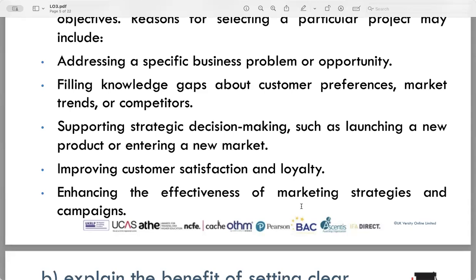Research can provide insights into the most effective channels, messages, and tactics for reaching and engaging the target audience. This leads to more efficient use of marketing resources and improved return on investment.